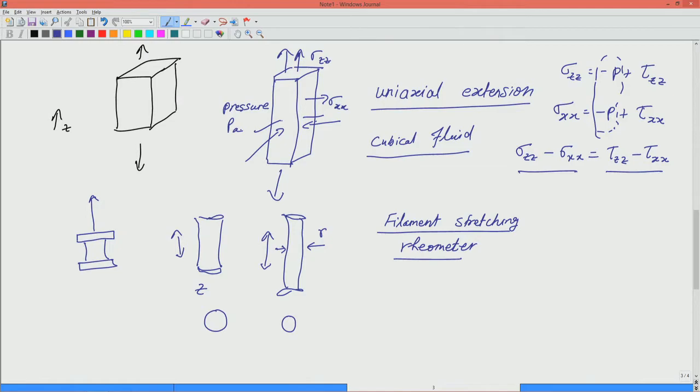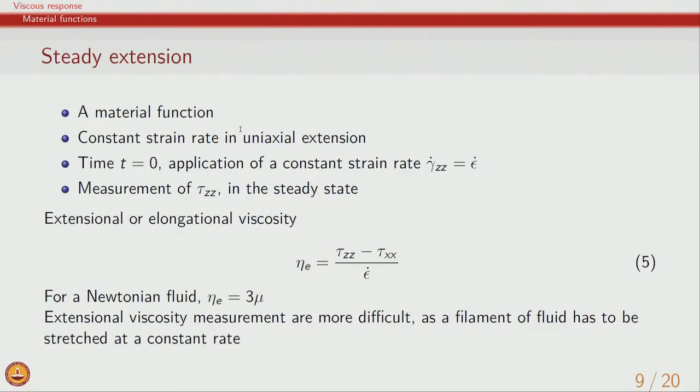So, using this we can solve and get the result that the extensional viscosity for a Newtonian fluid is 3 times the viscosity that we defined earlier.